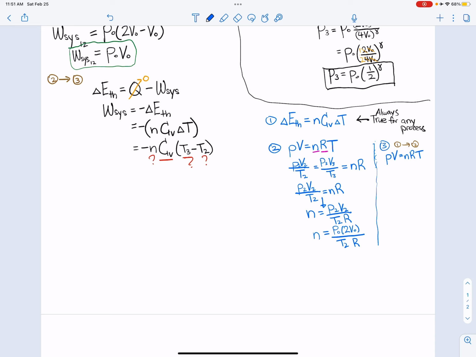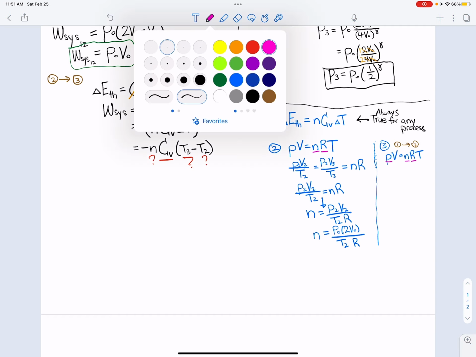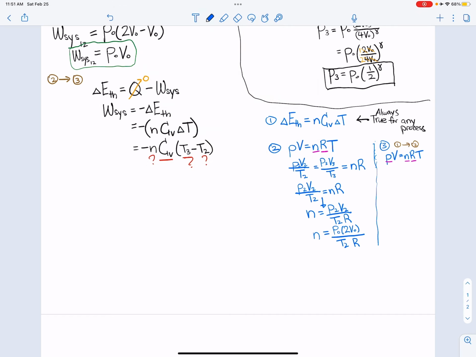Okay, so for this process, what do I have as my constants? Isobaric process, P is constant, n and R are also constant. So I'll have V over T is equal to nR over P. And again, these guys are constant, right?